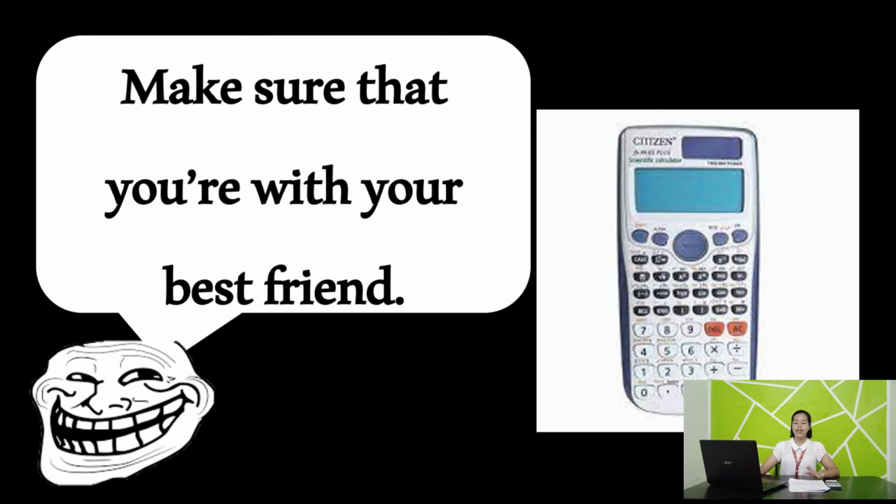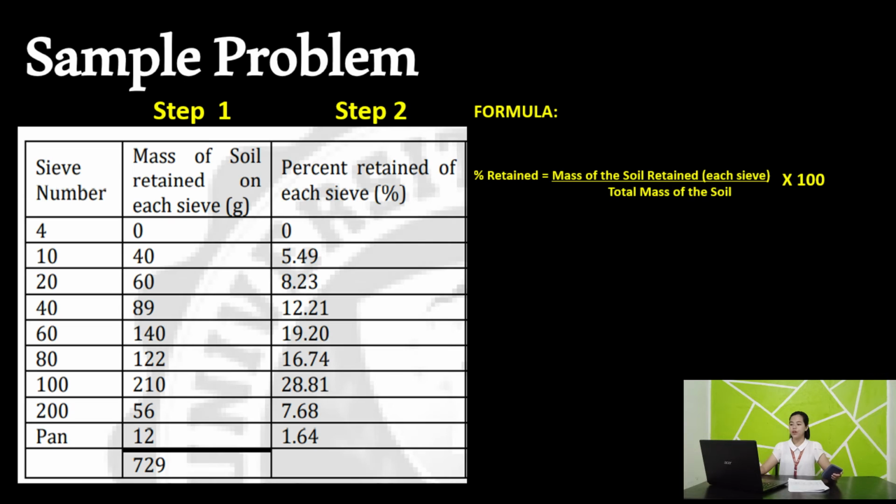Now, let us solve the sample problem, and make sure you have your best friend, your calculator, with you. In the screen above, it is the sample problem. Here, step 1. What is step 1?